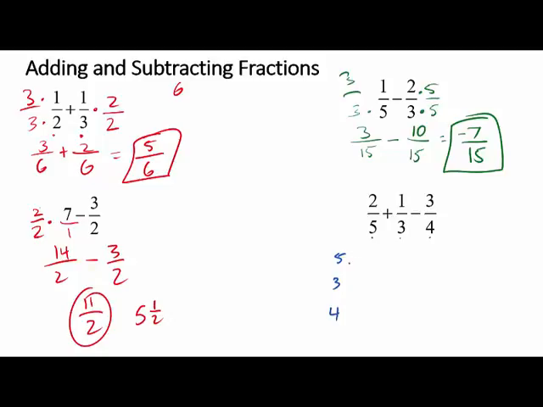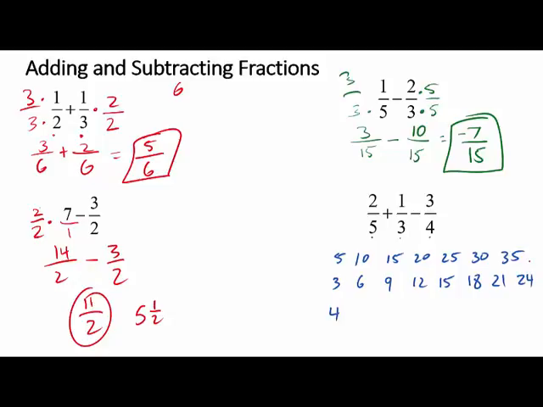So I'm just going to list out a few here for 5. We'll do 5, 10, 15, 20, 25, 30, and 35. That's a few for 5. We'll go with 3 now. So 3, 6, 9, 12, 15, 18, and then we got 21, and I'll stop here at 24.